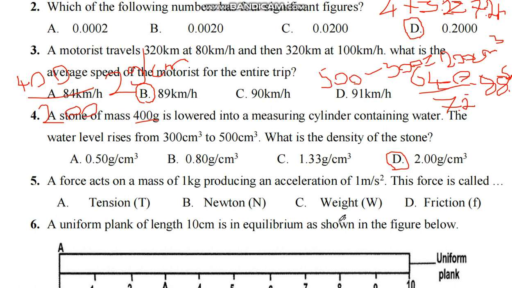In other words, 1 Newton is equivalent to 1 kg times 1 meter per second squared. So the answer here is Newton, B.